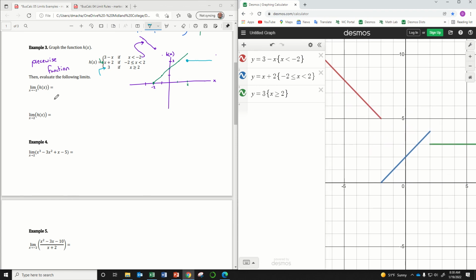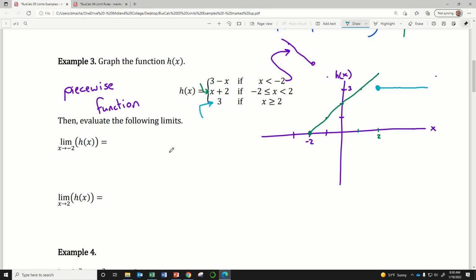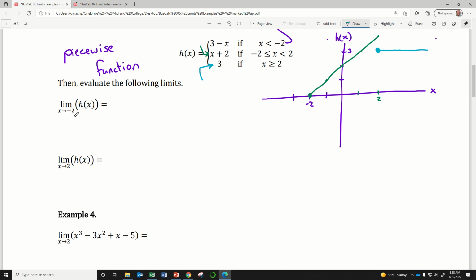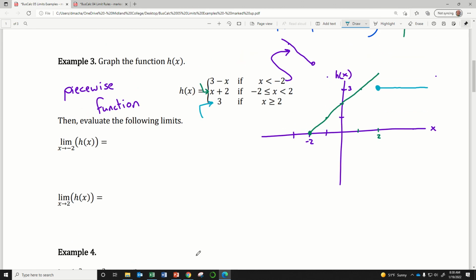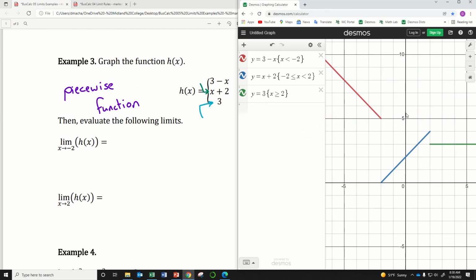And so what we want to do is use this to evaluate the following limits. So going back to my example, I want to find the limit as x approaches negative 2 of this function. So as x is approaching negative 2, which is right here, what's happening?